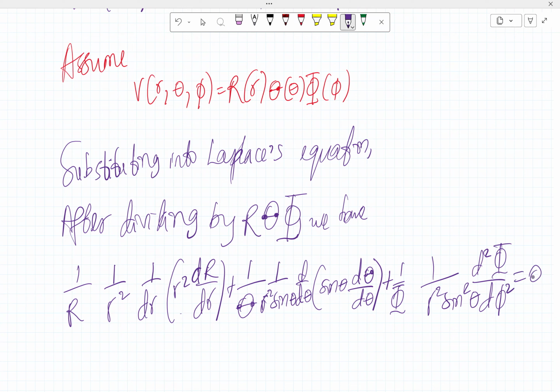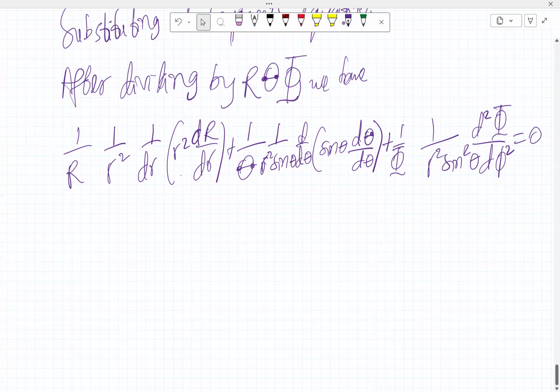All of this is equal to 0. That's the separation of variables part now. So after dividing, that's what we get.